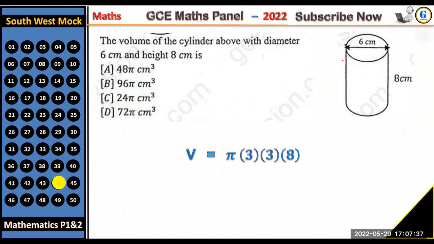So the radius is 3 because the diameter is 6. 3 times 3, 9 times 8, this is 72. All right, 72, not 48. So this one is supposed to be 72, please.